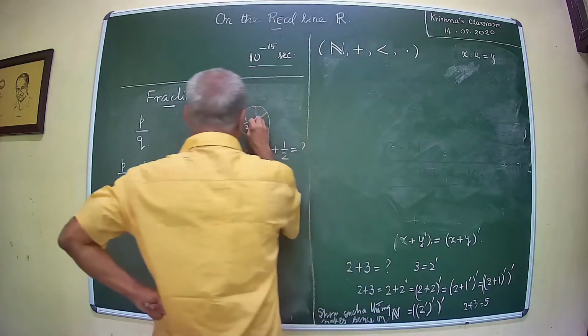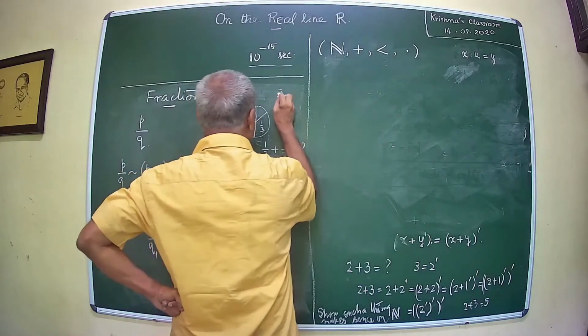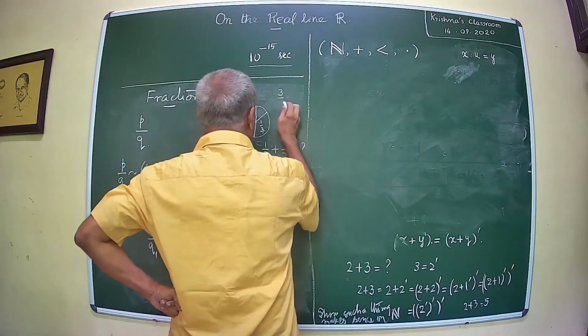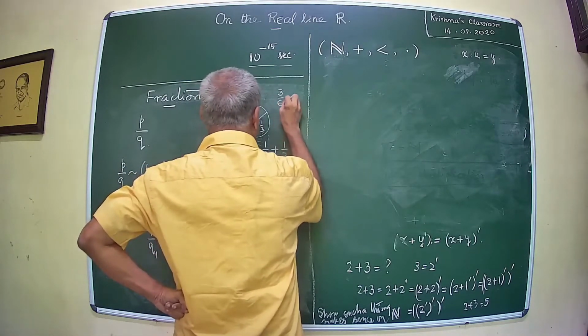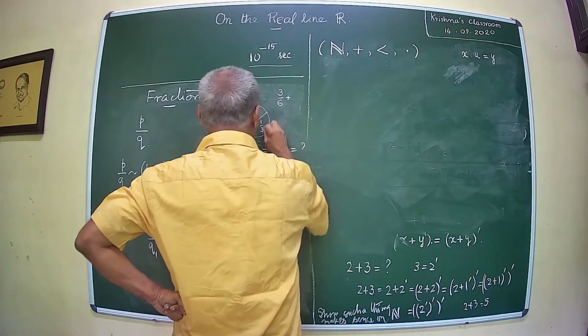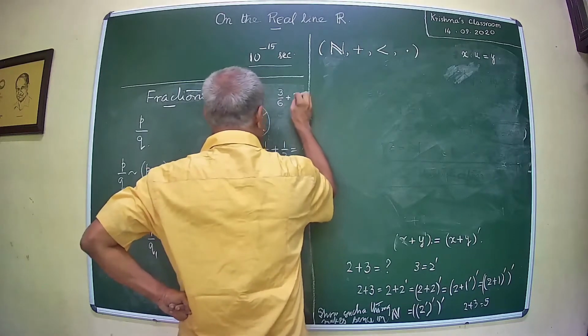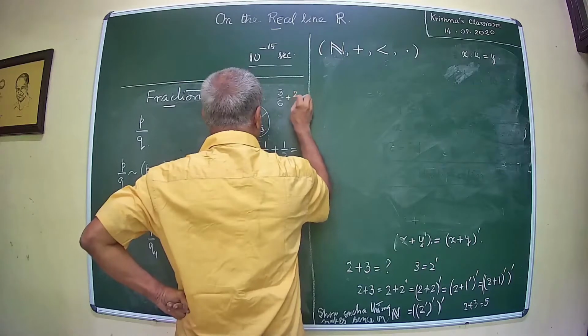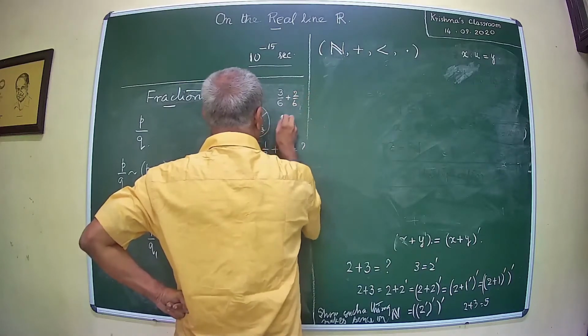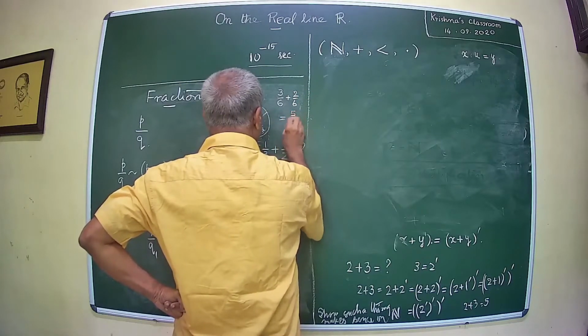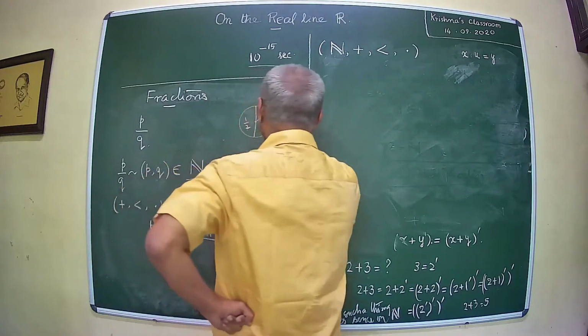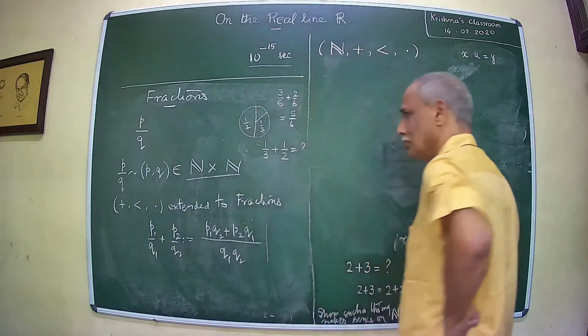Therefore, 1 by 2 will look like 3 by 6, and this is 2 by 6, and there you write it as 5 by 6 because the denominator is the same. This is our addition.